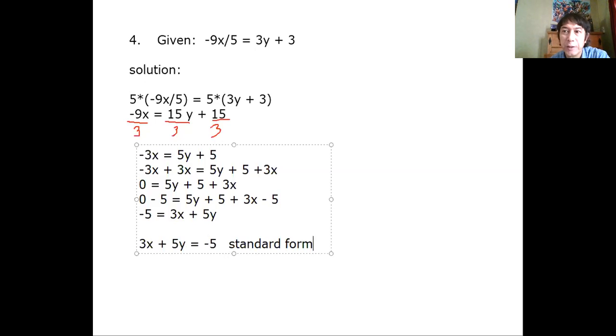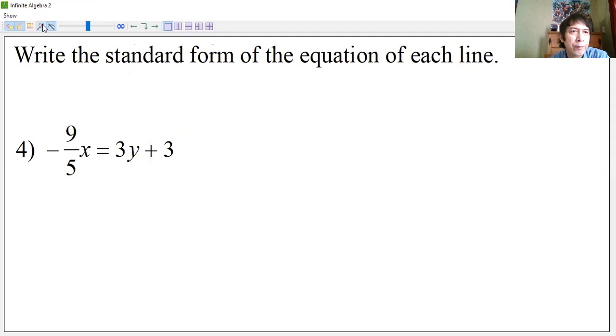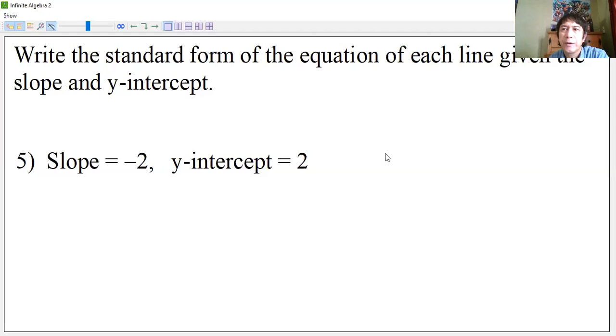And we can verify the answer on the other side. Okay? 3x plus 5y equals negative 5. We shall see the other screen and verify the answer. 3x plus 5y equals negative 5. There, that's the answer. And let's do the next one, number 5 example.